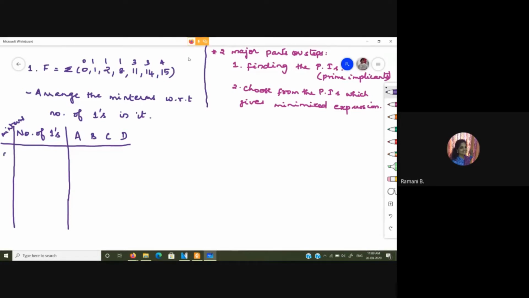First, with 0 ones, the corresponding minterm is also 0, so we write it as 0 0 0 0. This is my first group. Next I will write the minterms having 1 one: for 1, 0 0 0 1; for 2, 0 0 1 0; for 8, 1 0 0 0.